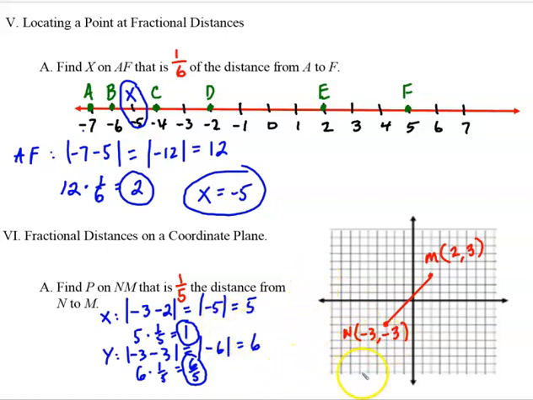I'm going to run out of room here. We'll do it like this. For the x coordinate, it was at -3, and since we're going to the right on the x-axis, we're going to add 1. And so the x-coordinate that is 1/5 of the distance from n to m would be -2.